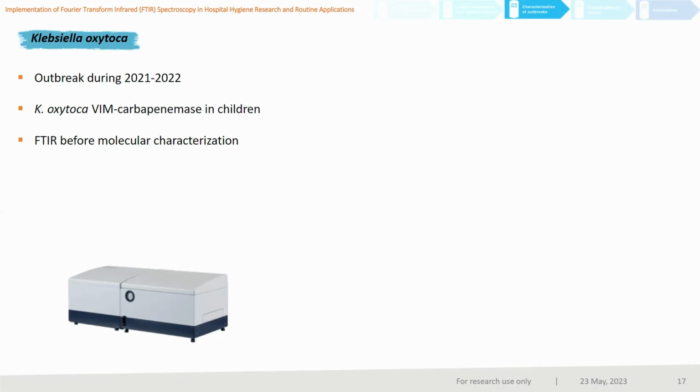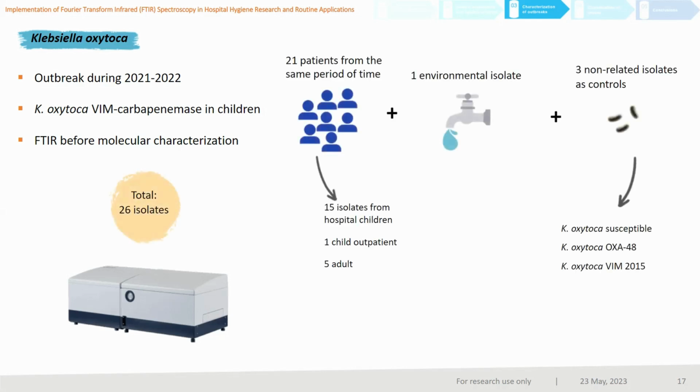For this outbreak analysis, we included all the Klebsiella oxytoca VIM isolates detected during this period of time. It encompassed a total of 21 patients, consisting of 15 children from our hospital, 1 child that came from another hospital, and 5 adults. In addition, during the study with FTIR, an environmental strain was isolated.